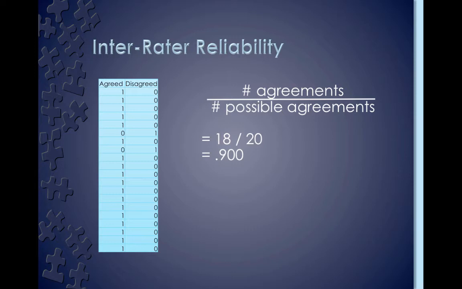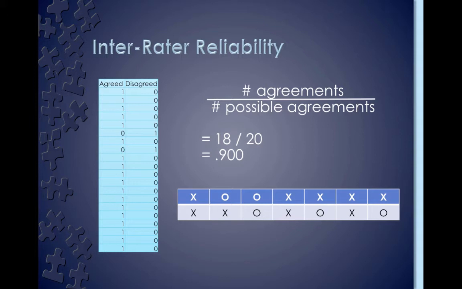You also may see something else set up this way. How many times are there agreements? Each column represents a possible agreement. So 1, 2, 3, 4, 5, 6, 7. How many times are there agreements? Well, we have 2 X's, that's an agreement.